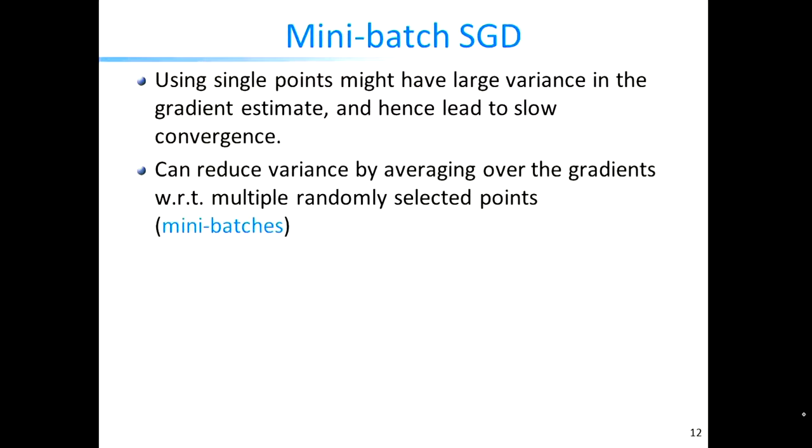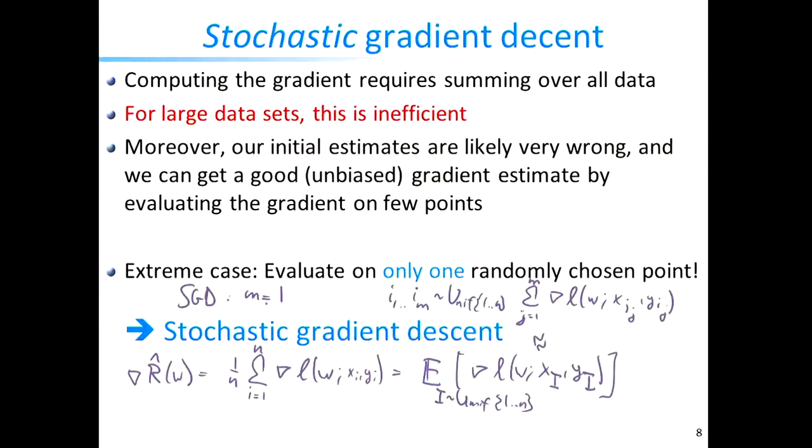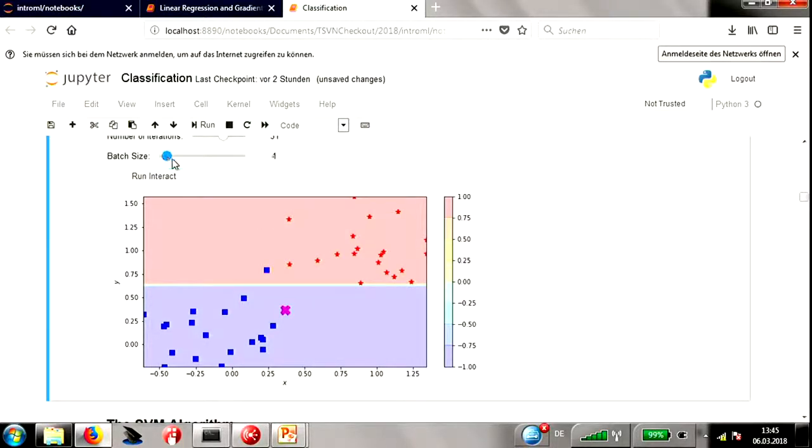Typically you wouldn't use just one single data point, but set m to something slightly larger than 1. You pick a mini-batch of examples in order to get a lower variance estimate of the gradient. Mini-batch stochastic gradient descent is basically the same algorithm, but you pick more than 1 point: instead of drawing one example at random, you draw m examples at random and use them to compute the estimate of the gradient.